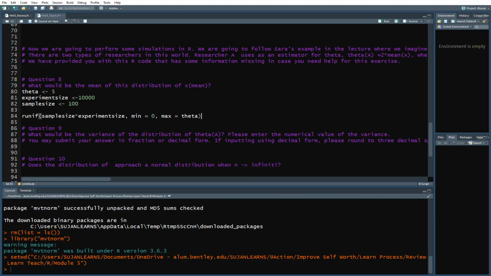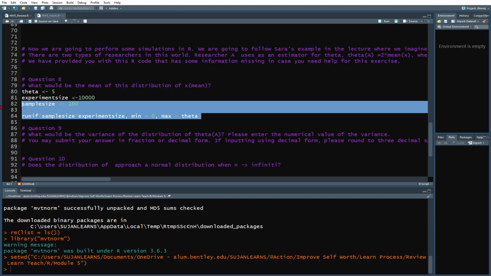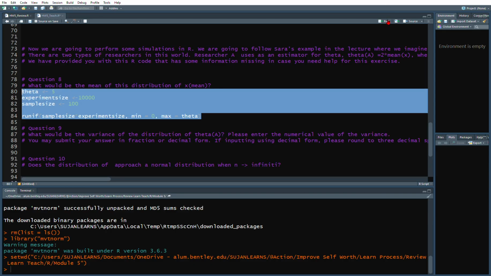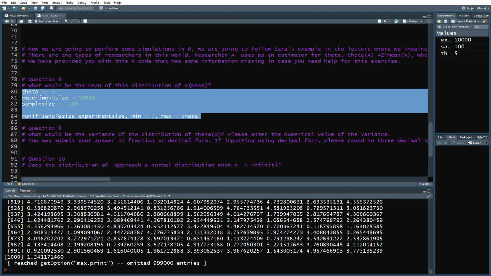That's a random sample. Let's run this and see what we get. That's a lot of values.